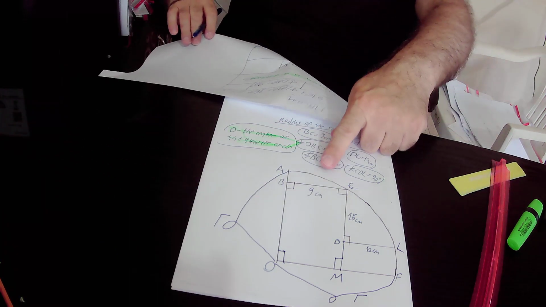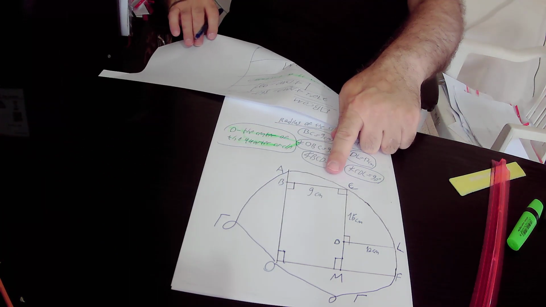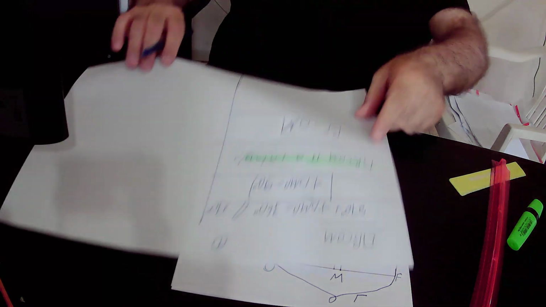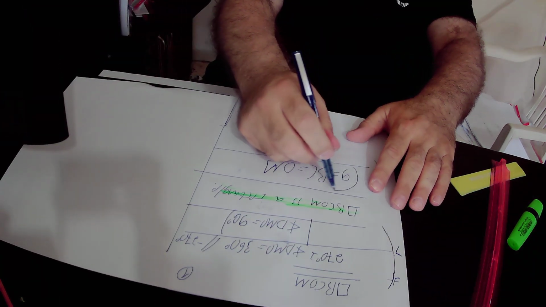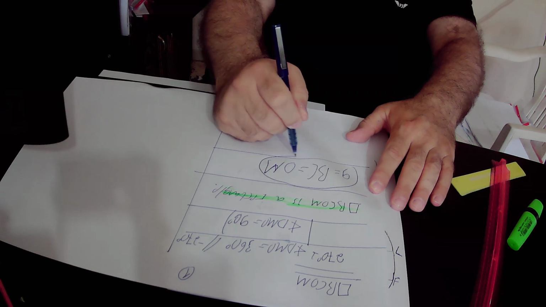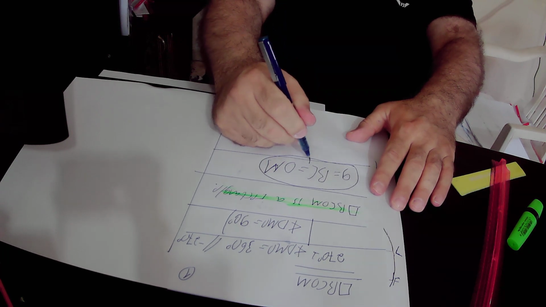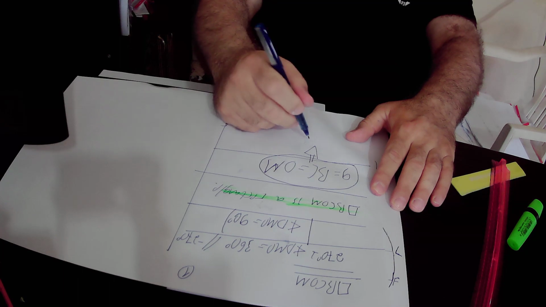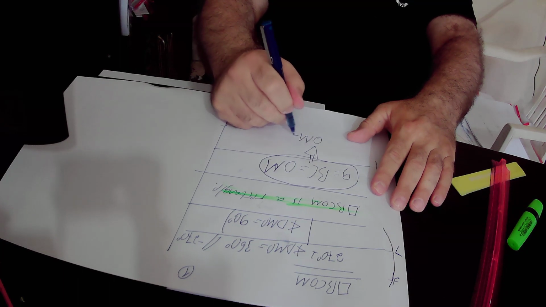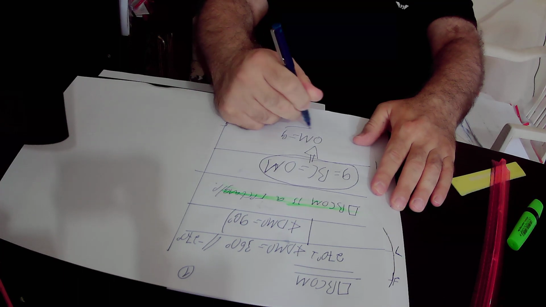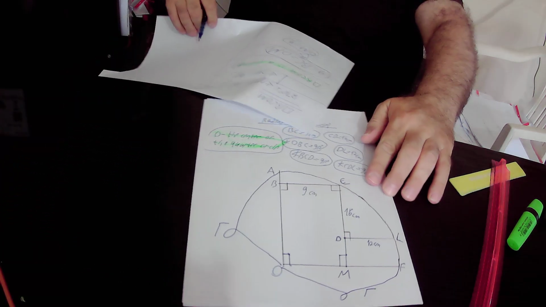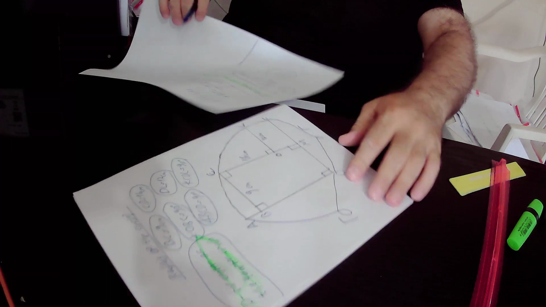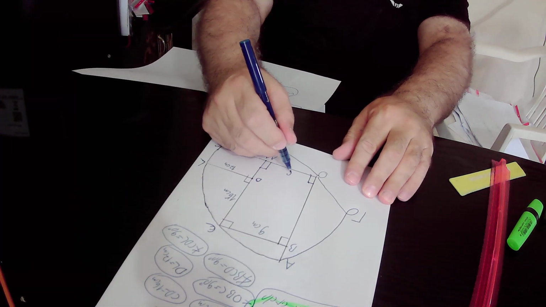But it is given in the question that side BC equals 9 units. So we can write here that BC equals 9 units. And from this equation, 9 equals BC equals OM, we derive that side OM is also equal to 9 units. So we can write here that OM equals 9 units.